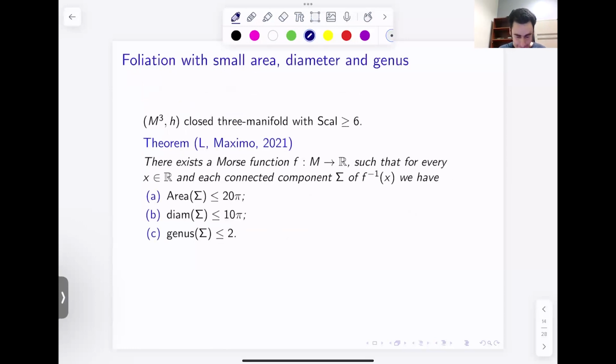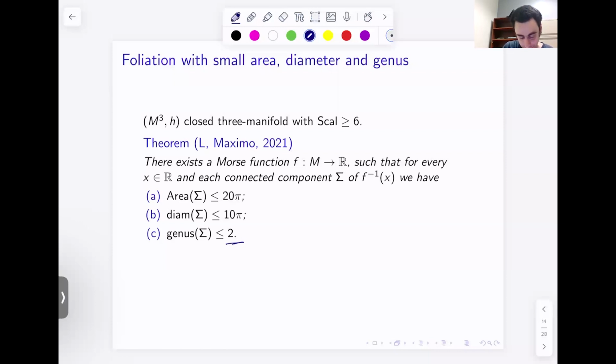So for three-dimensional manifolds that are compact, we have a proof of Gromov's conjecture. Indeed, we have a foliation by surfaces whose areas, diameters, and genus is controlled.